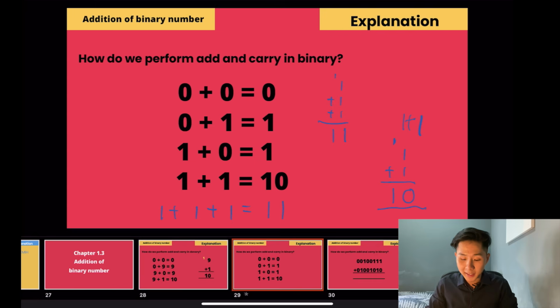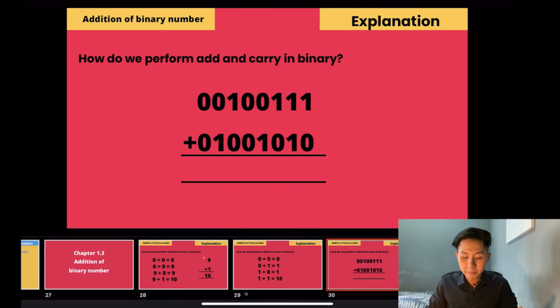And let's try out an example here. How do we perform addition in this example? You can just go through with me. 1 plus 0, we get the value 1. 1 plus 1, we get 1, 0. So our value here is 0 with a carry of 1. And move on, we have 1 plus 1, and we'll get 1, 0 again.